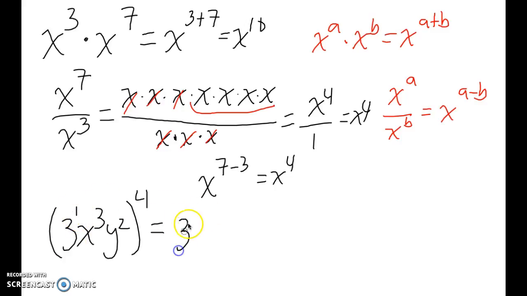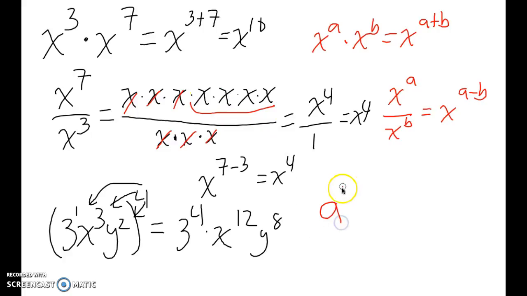So this becomes 3 to the fourth times x to the 12th times y to the 8th. And you can just see that that 4 here got multiplied by the 3 to the first, the x cubed, and the y squared.